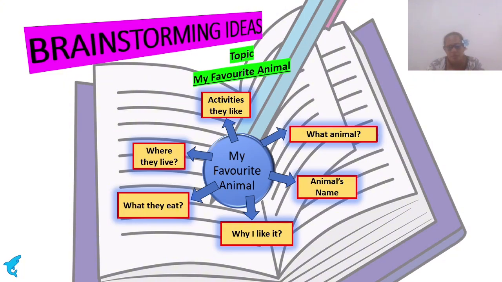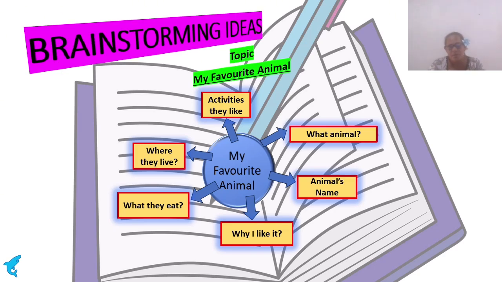The next point is why I like it. Why do I like dolphins? Because dolphins are smart, they are clever, they are active, and they do tricks. The other point is what they eat. Dolphins eat meat, especially fish. The next point is where they live. We all know that dolphins live in the ocean.